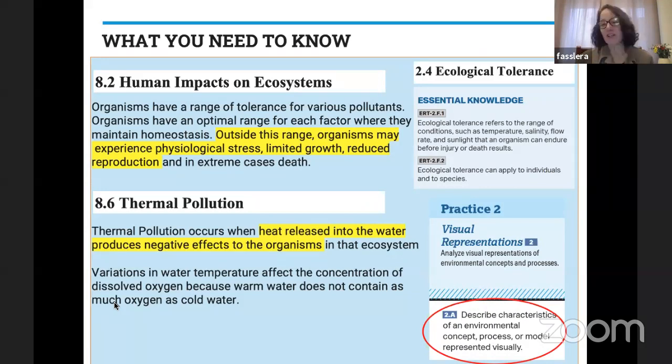Is it able to simply survive, but it's kind of sick? Maybe that change in temperature is impacting metabolic rate, the ability of its immune system to function, or its reproductive capability, or maybe its young aren't as healthy when they're produced in that environment. So we're going to focus on this idea of thermal pollution and relate that to range of tolerance.